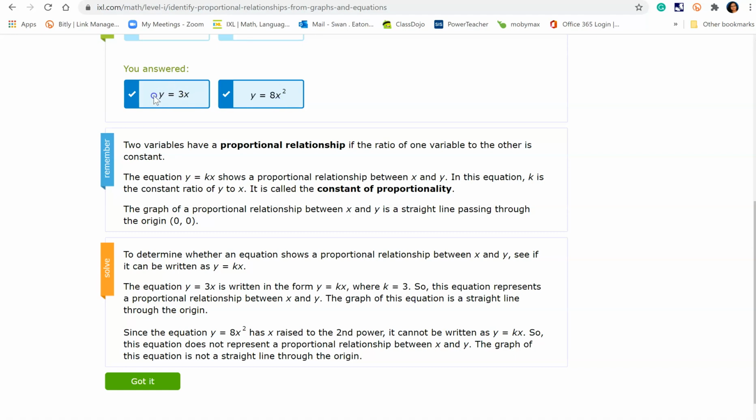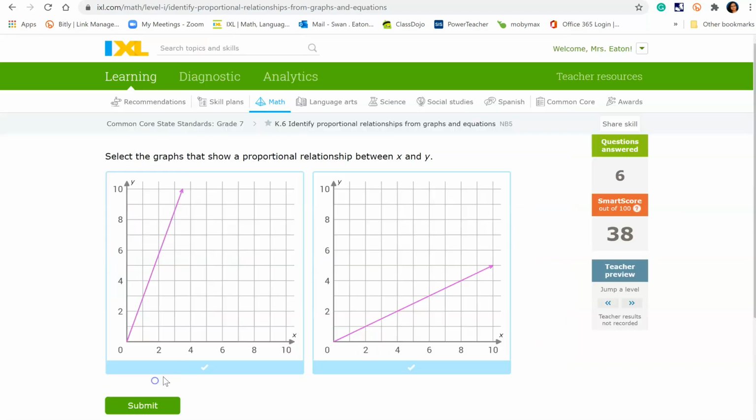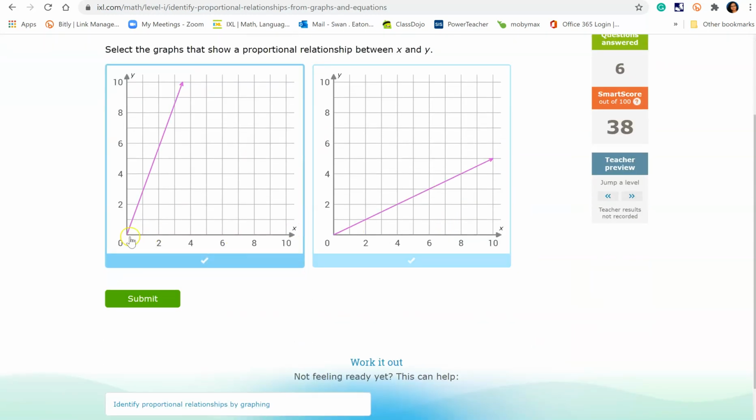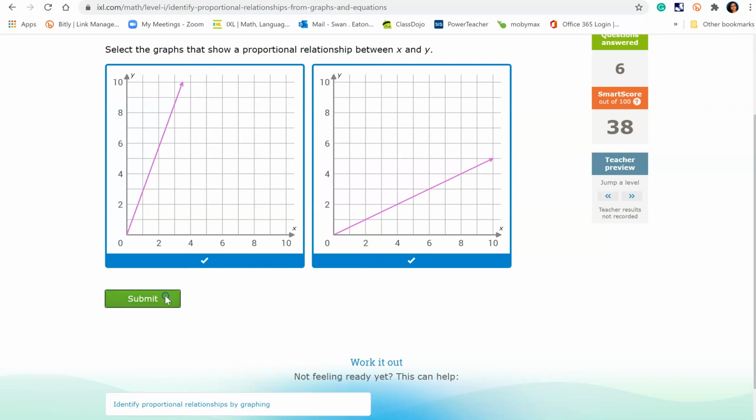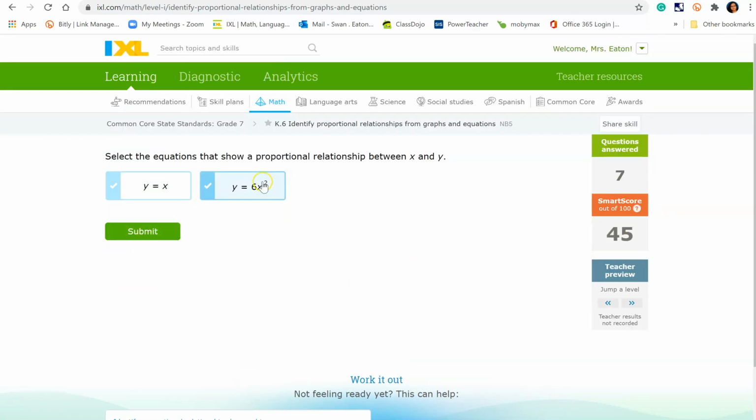The rule has to look like this, y equals 3x. If they didn't have the square, then it would work. Of course, that's what that tells you down here on the very last paragraph. Straight line through the origin, straight line through the origin, both. And then here, see, so you would have learned from this mistake knowing that you cannot do this.